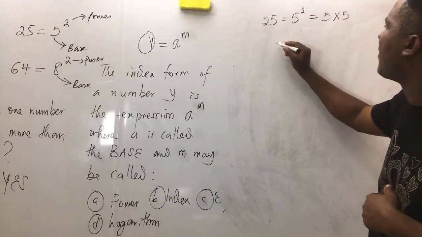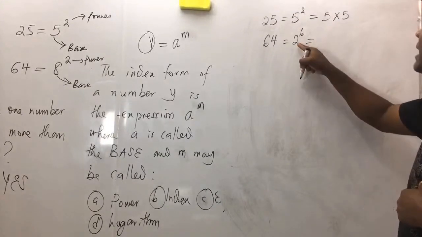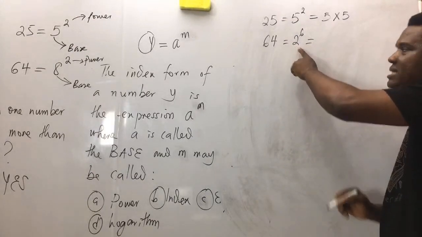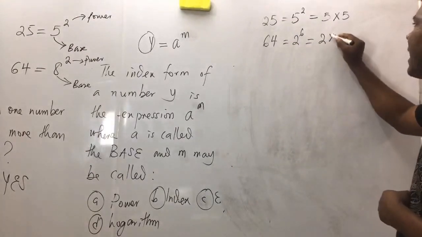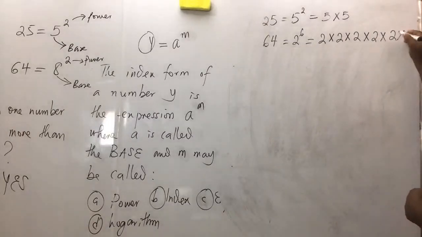So if you end up having 64 expressed as 2 raised to the power 6, it means that to get 64 using 2 as the base, 2 would have to multiply itself 6 times. So what does it mean, guys?